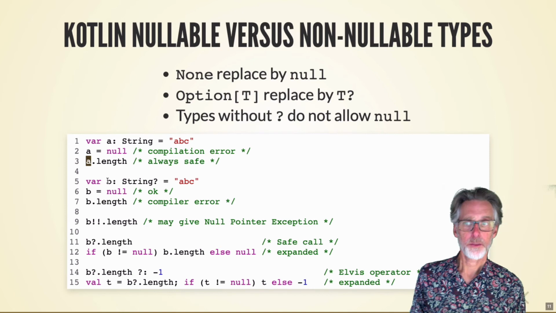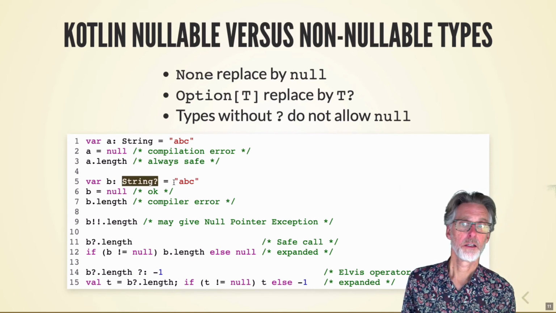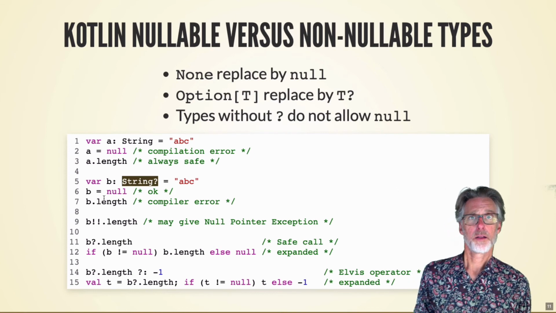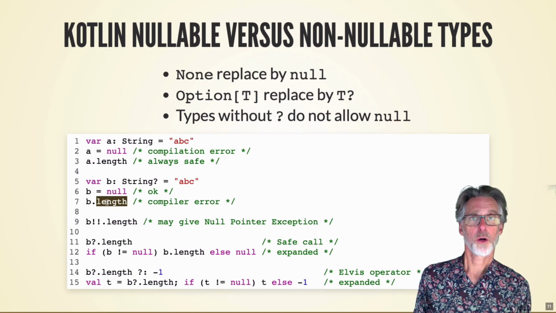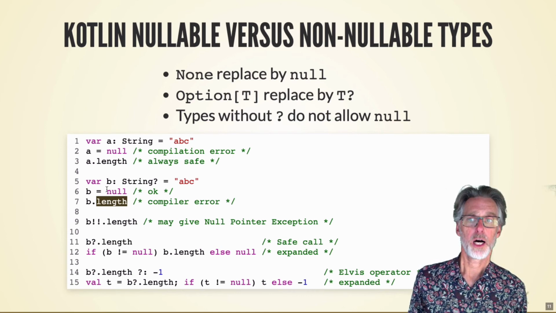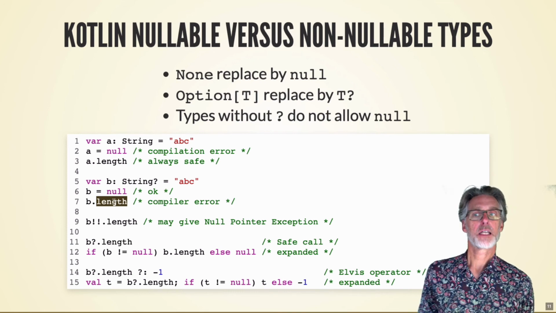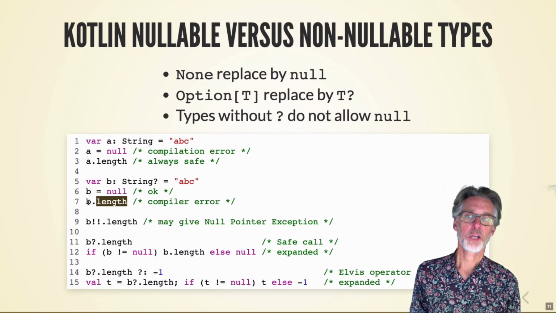Instead, here's a nullable reference, b, which is given the type String?. These kinds of references are nullable, so I may assign null to that reference. The language is clever, however, because if I simply try to do a raw method invocation on a nullable reference, I will get a compiler error. The compiler error will tell me that this reference may be null, and therefore you cannot invoke a method directly on it.